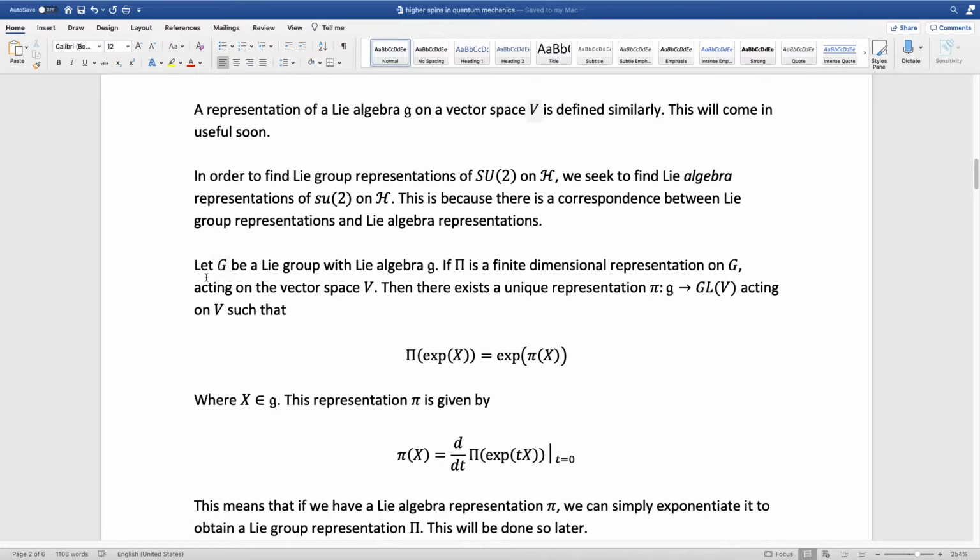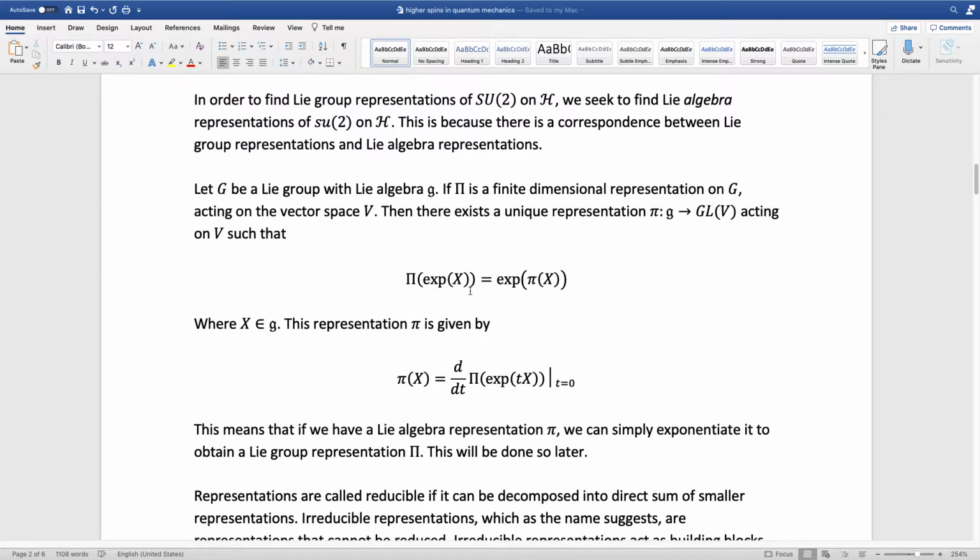More specifically, if we let G be a Lie group and g the corresponding Lie algebra, and big Pi is a finite dimensional representation of the Lie group acting upon a vector space V, then there exists a unique representation small pi acting on the same vector space such that this holds true, where X is an element of the Lie algebra.